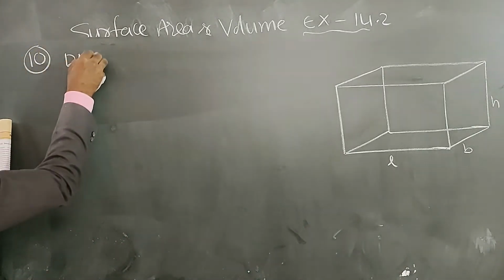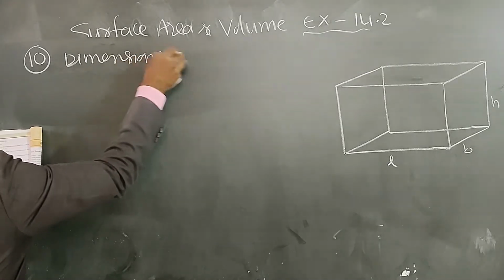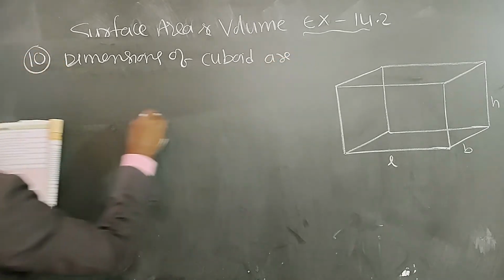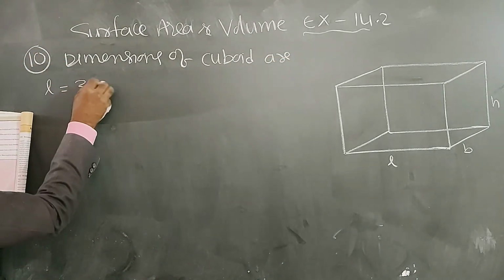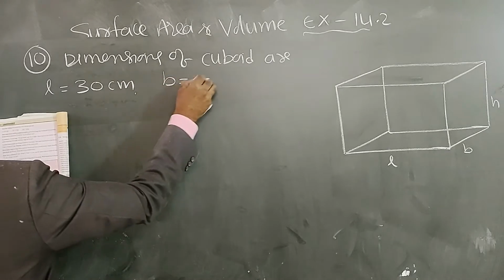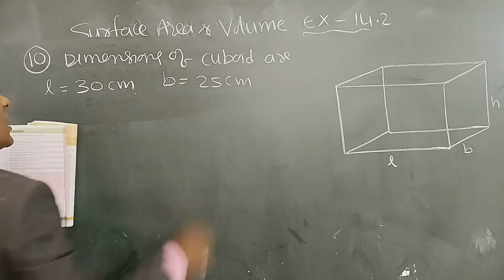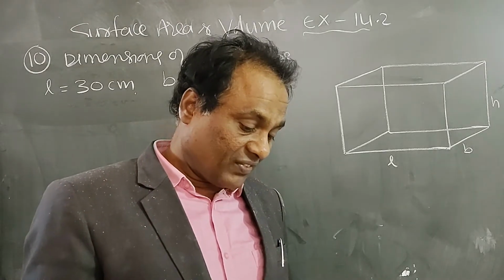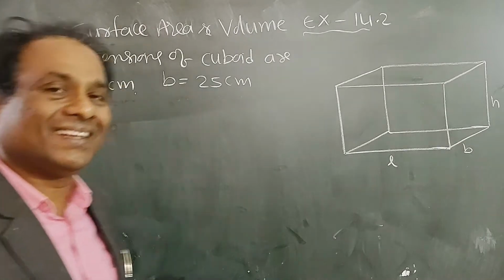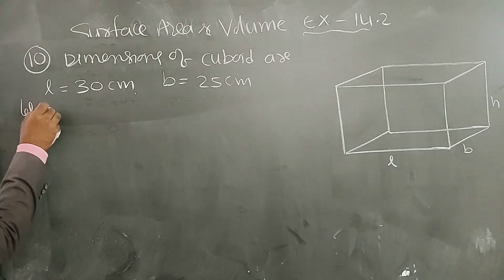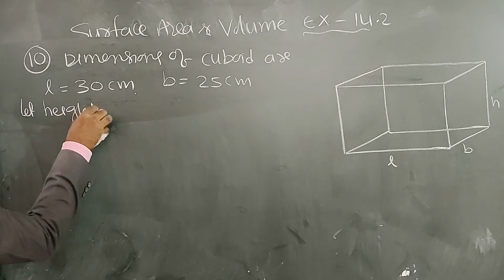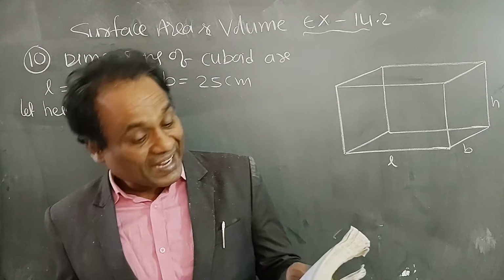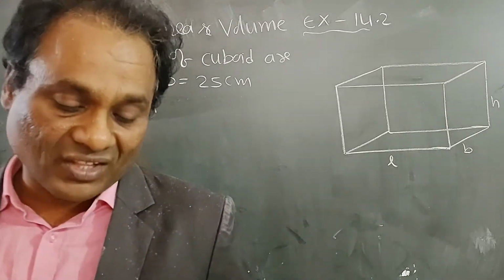See here, the dimensions of the cuboid: length is 30, breadth is 25. See, breadth or width both are the same. Breadth or width 25. The question is, what should be the height? Let height be equal to h. Height is not given, students. Length is given, breadth is given, but height is not given.